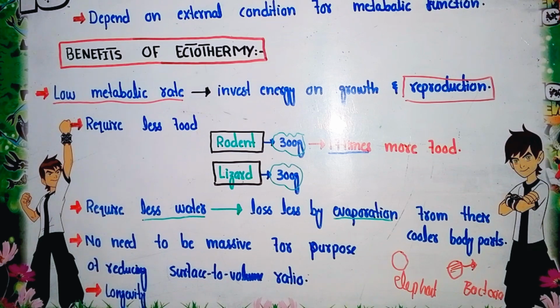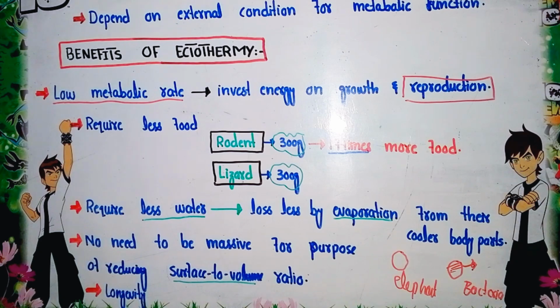And the endothermic animals are massive in size. Due to massive size, their surface to volume ratio is reduced. To reduce the surface to volume ratio, the endothermic animals are large in size, and this reduced surface to volume ratio will prevent heat loss from their body.